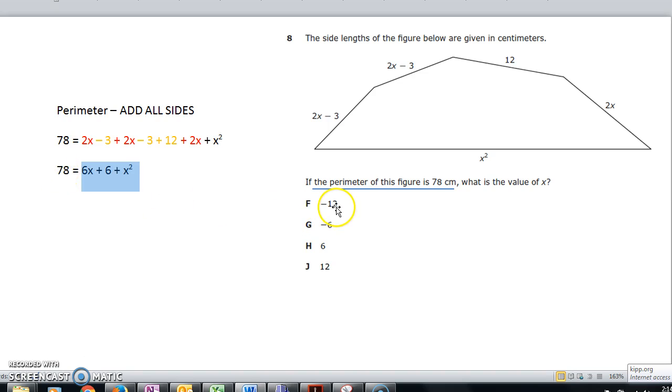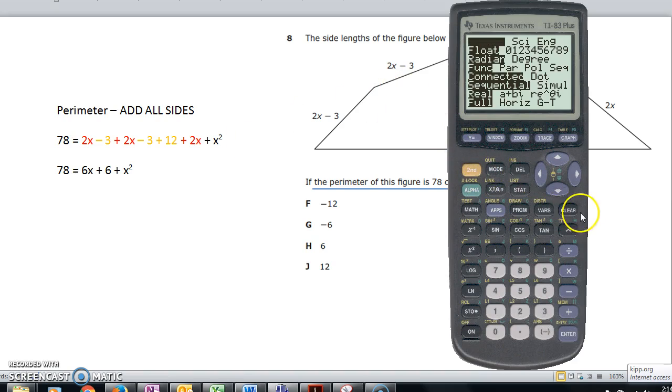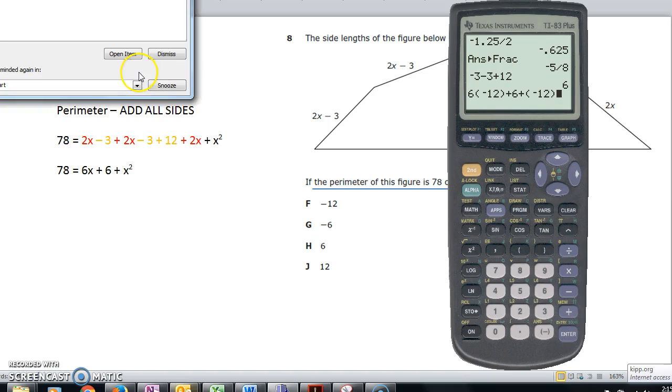So let's try it. Let's start with negative 12. I'm going to literally take negative 12 and plug it in wherever I see x. So 6 times, use parentheses, negative 12, plus 6, plus, and then in parentheses, negative 12 squared.